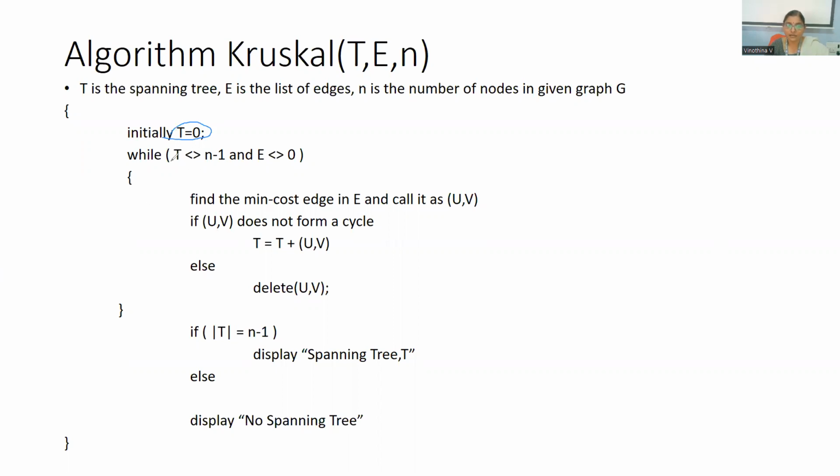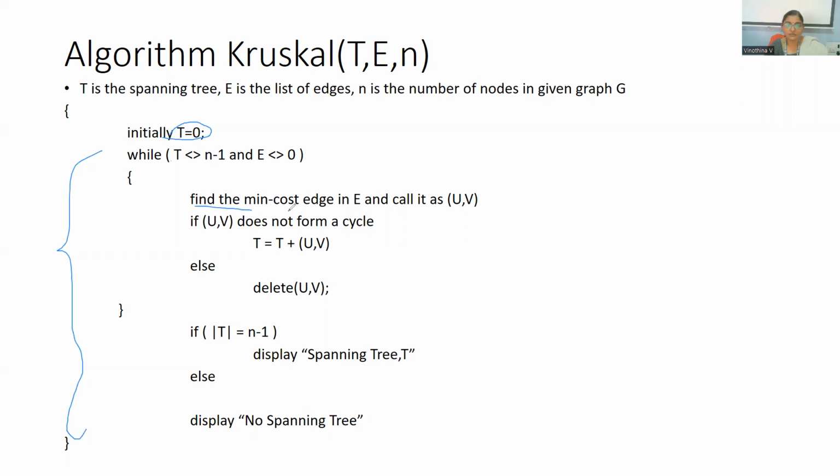So these are the algorithmic steps. Repeat while T not equal to N minus 1 and E not equal to 0, that is, until we process all the edges and until we add all the vertices in the minimum spanning tree.